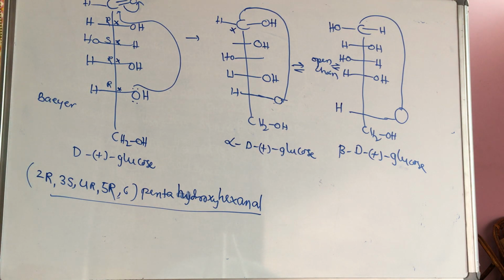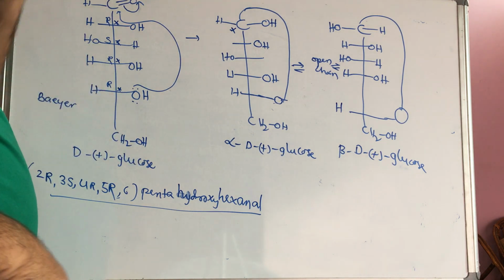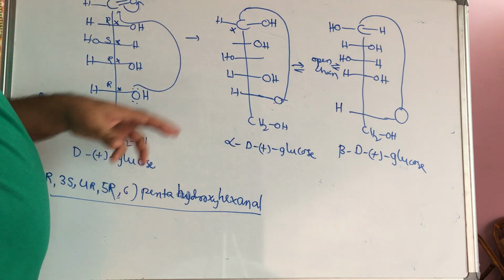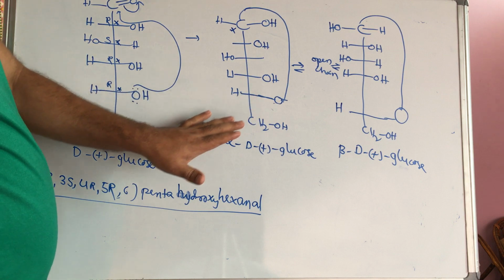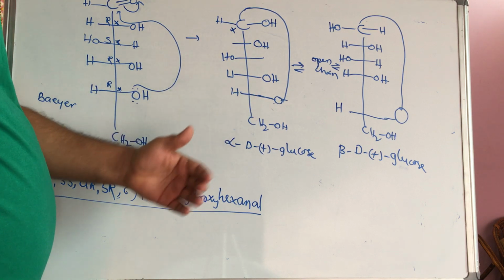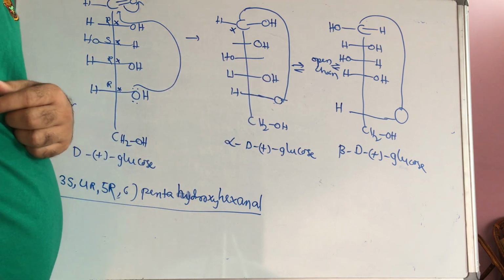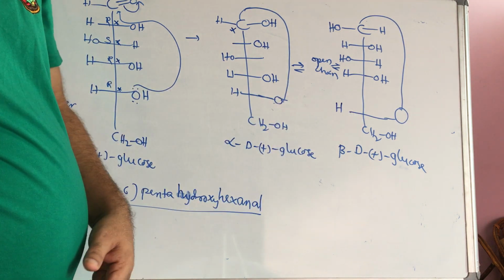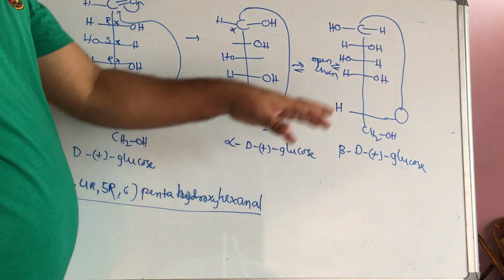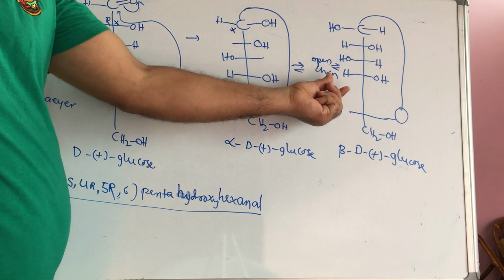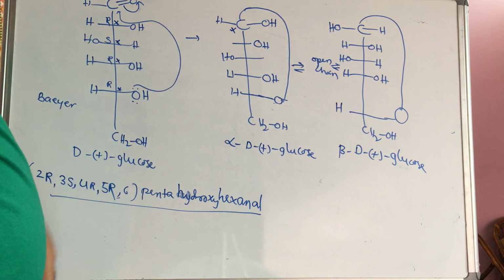So if a saturated solution of alpha-D-glucose is placed in water, its specific rotation slowly, gradually changes to an equilibrium value. If beta-D-glucose is placed in water, that also gradually changes its specific rotation to an equilibrium value.